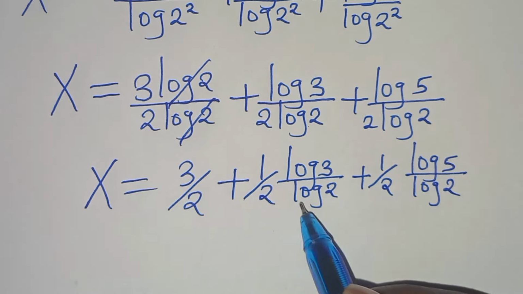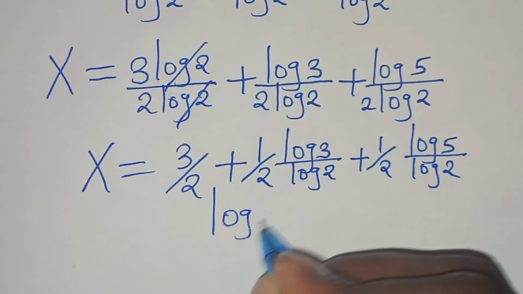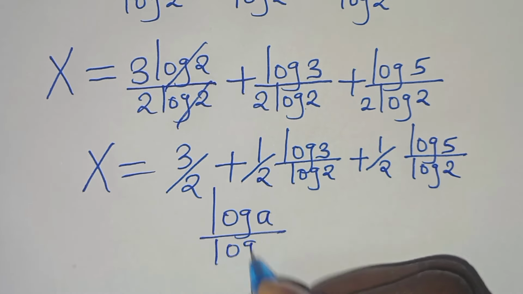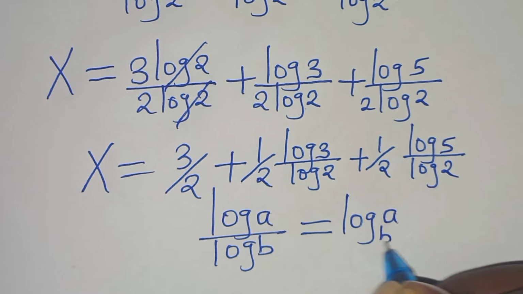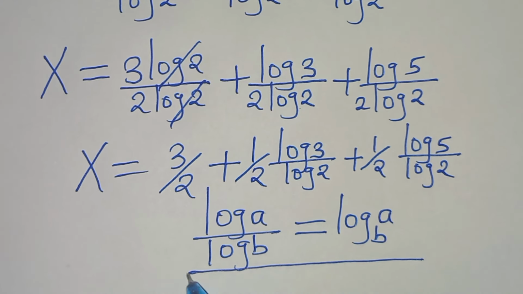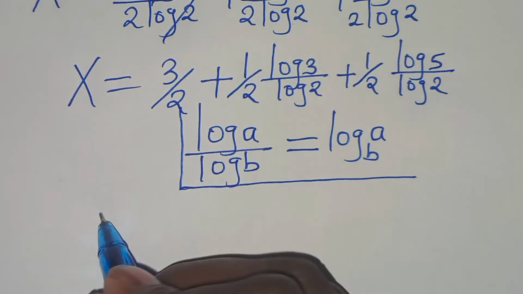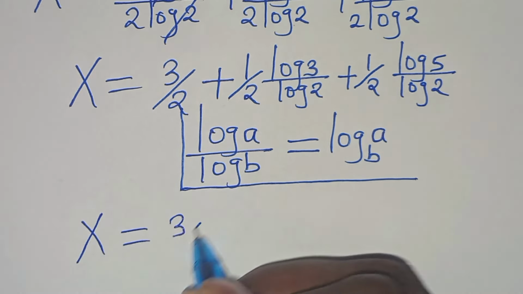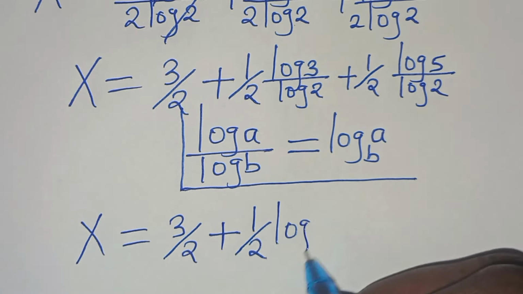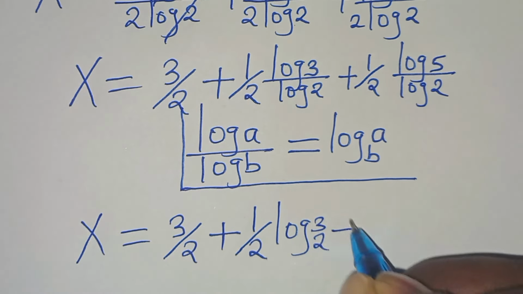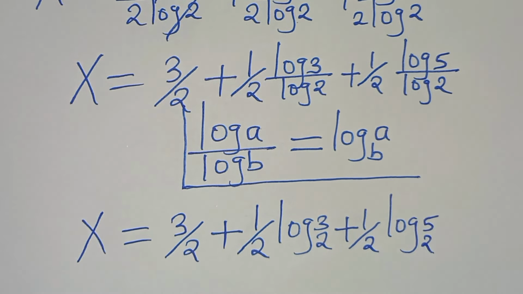We have that log 3 over log 2 and log 5 over log 2. This is in the form of log a divided by log b, which we can express as log a to base b. Now let's apply this logarithm property from here. Therefore we have x is equal to 3 over 2 plus a half log 3 to base 2, then plus a half log 5 to base 2.